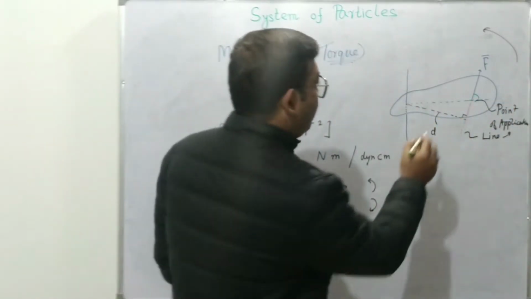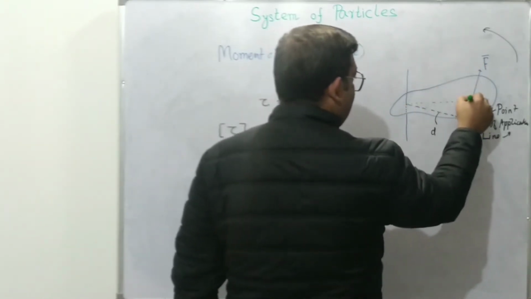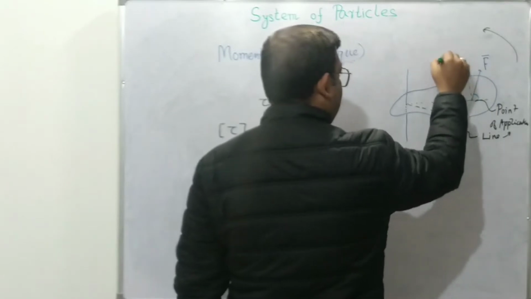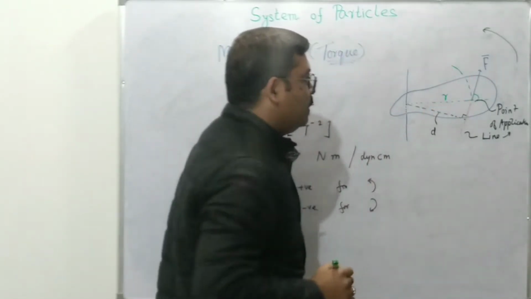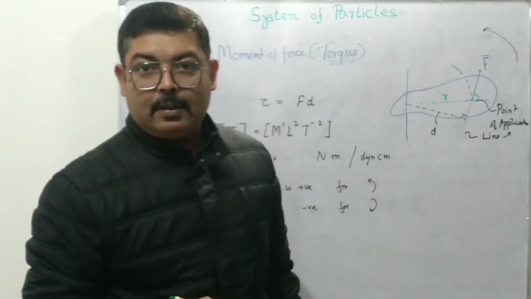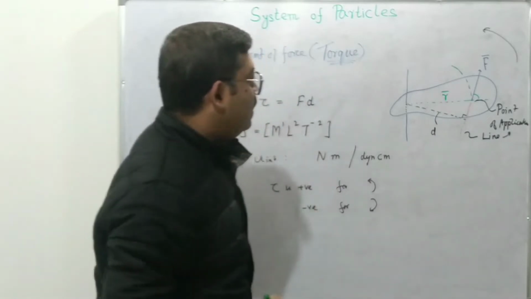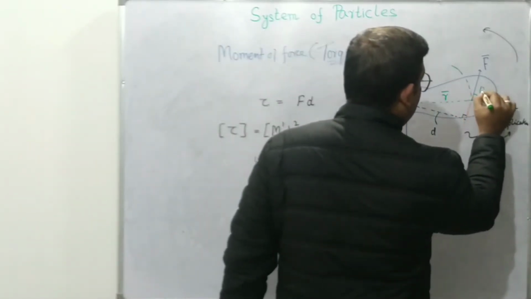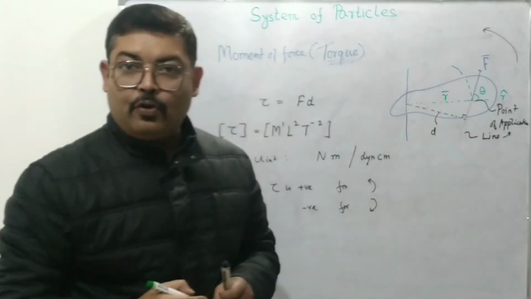See, this point under the influence of force will rotate along a circular path, right? Like this. And this will give us the radius vector for the circular path. So if I take this as the r vector, then this angle theta will be the angle between the radius vector and the force vector.